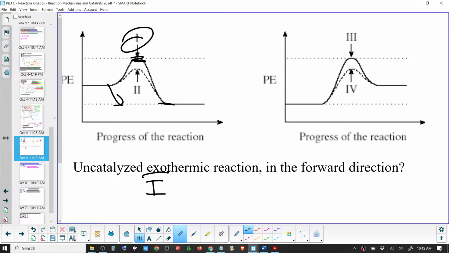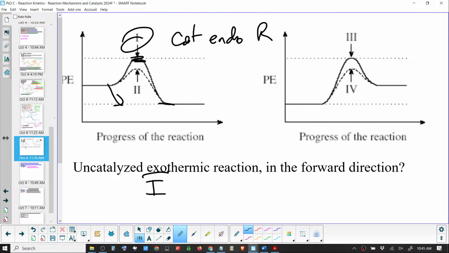Perfect. So the catalyzed endothermic in the reverse direction. So cat, endo, reverse. Don't call out.